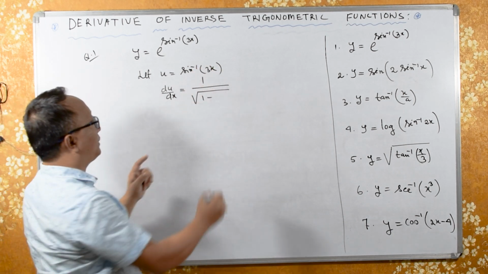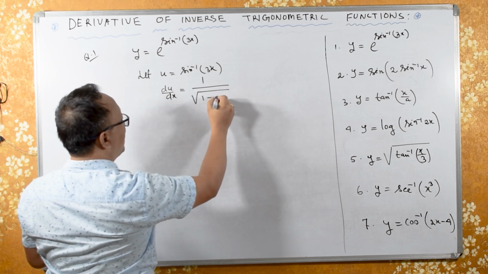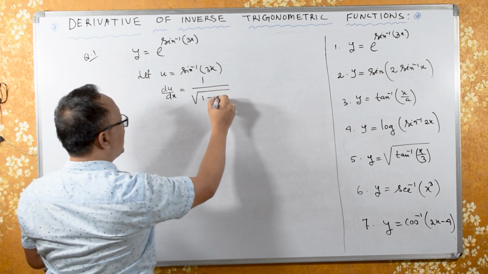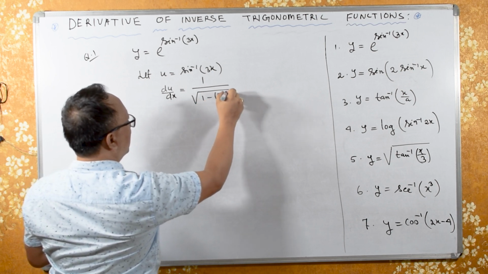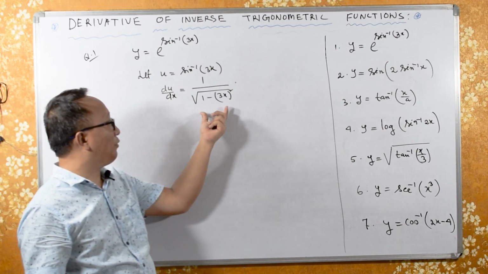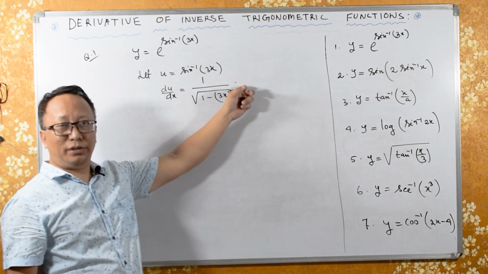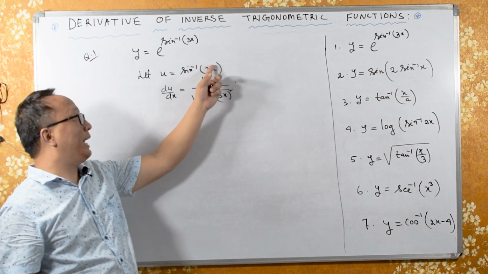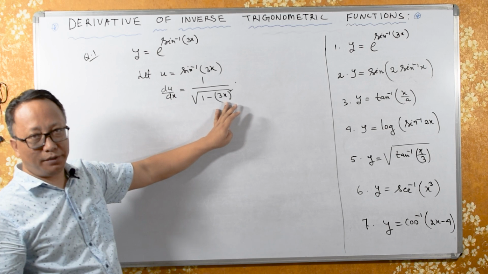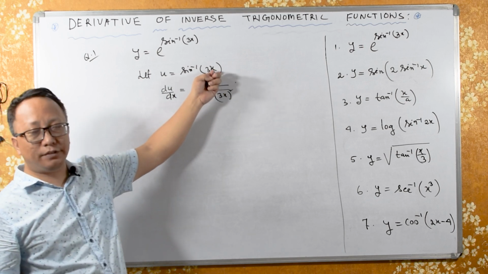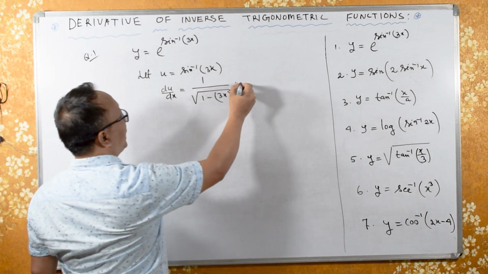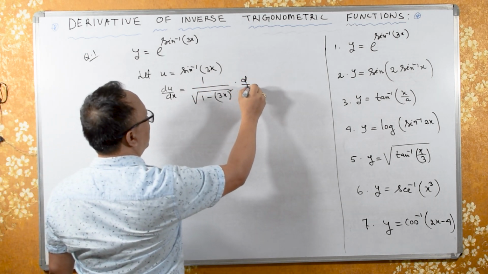Our x is 3x. Be careful here. You cannot stop here, because if it were x, you could stop by putting 1 upon square root of 1 minus x square. Since 3x is there, you have to differentiate 3x with respect to x again, so write d by dx of 3x.